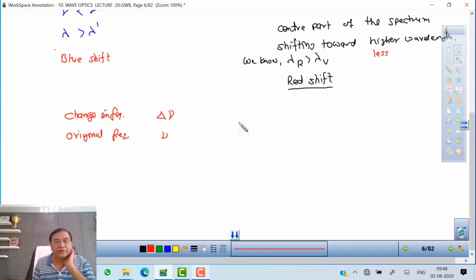Then we can show that delta mu upon mu is equal to minus V radial upon C. This is a ready-made formula, no derivation. Here a very important word is radial velocity.